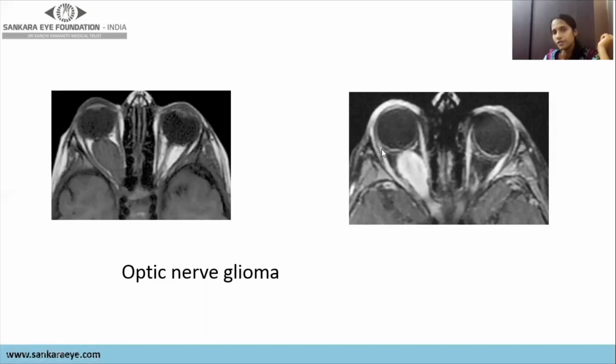When you compare it with the contrast images, you can see the extraocular muscles taking up the contrast. There's a contrast film, but fat details are not seen. So it's fat suppressed. This T1 weighted fat suppressed contrast image shows a well-defined intraconal lesion involving the optic nerve, which is enhancing with the contrast. It's more likely to be a glioma.